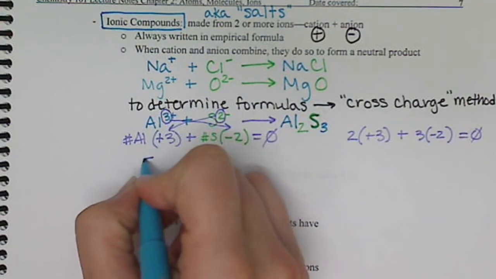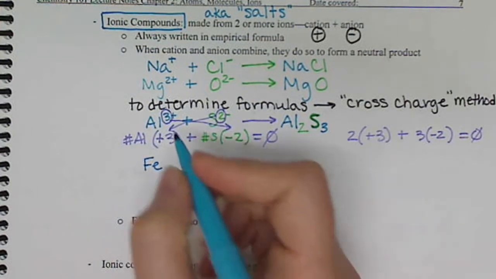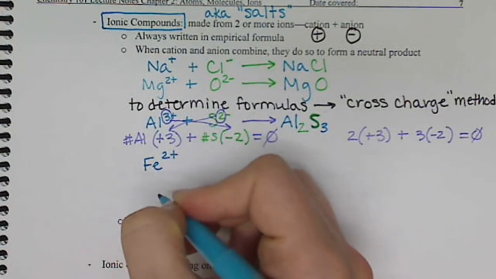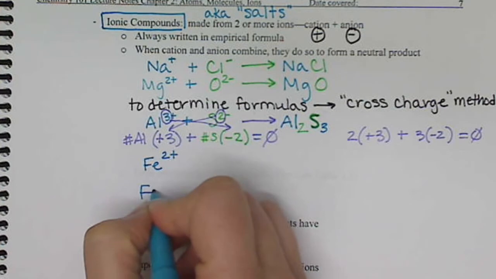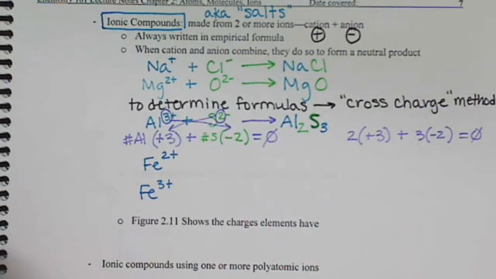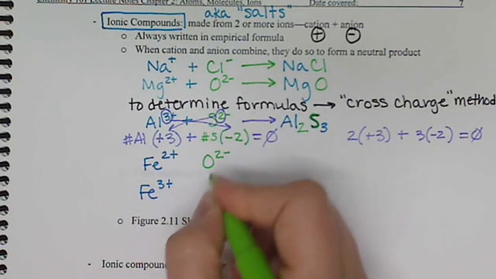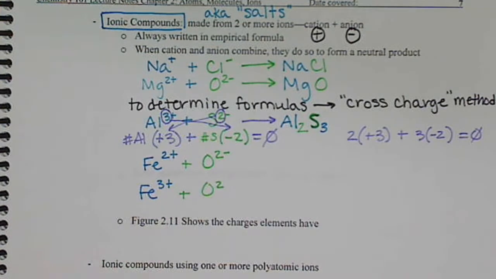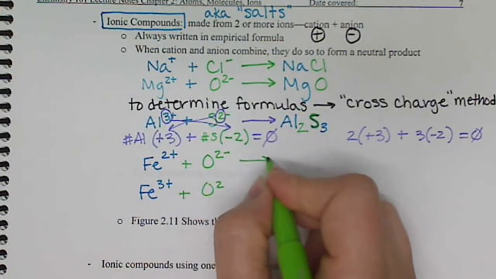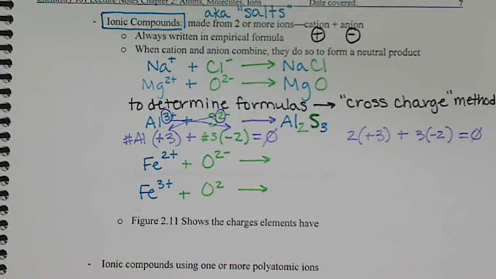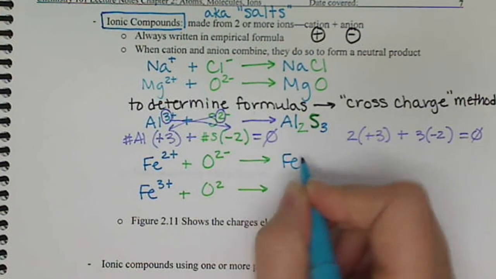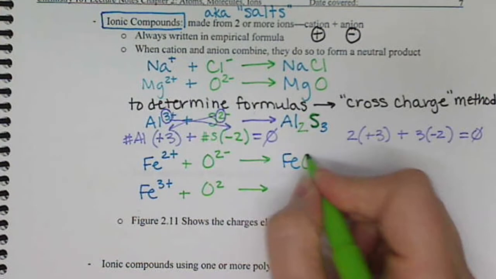This is particularly important because when we look at some ions like iron 2 plus, iron also forms a 3 plus ion. And if we were to combine this with, say, the oxide ion, we're going to get 2 different formulas. For our top one, they're equal and opposite, so we have FeO.